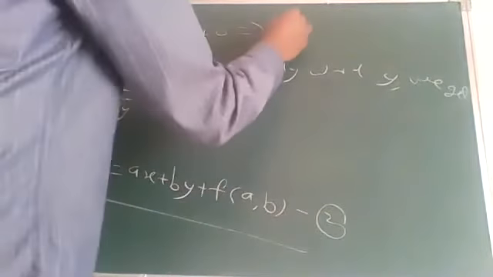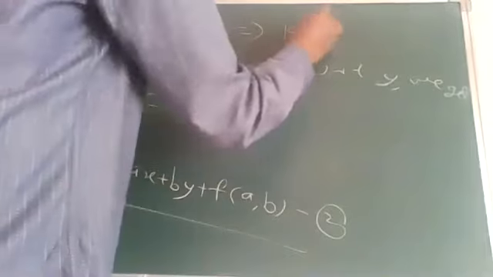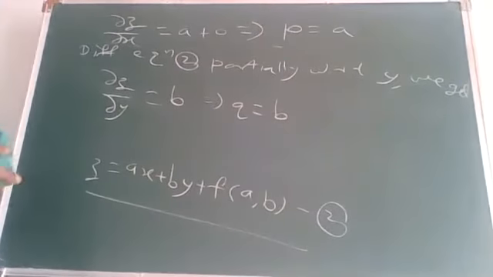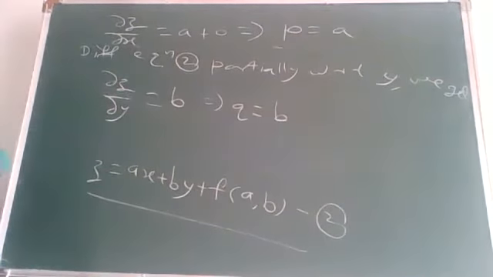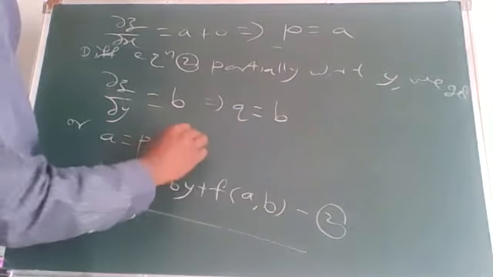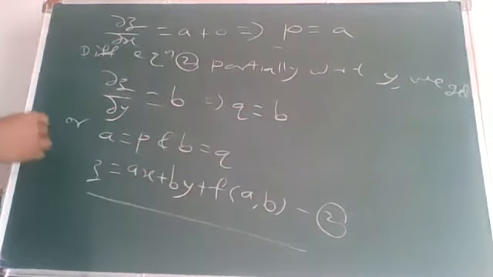This implies dou z by dou x is p and it is a, so p equal to a, and dou z by dou y equal to b implies q equal to b. Or a equal to p and b equal to q.